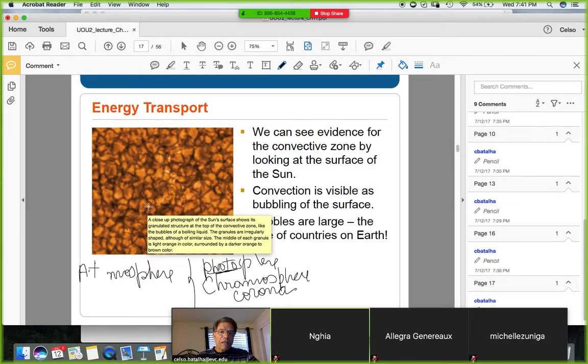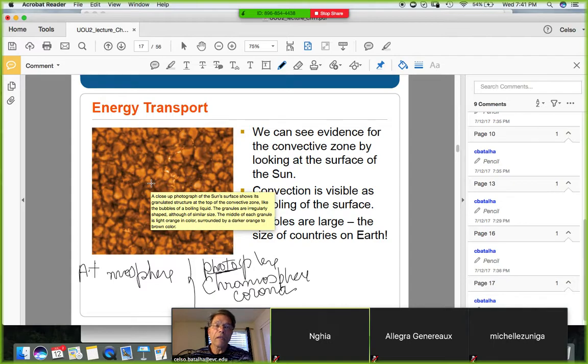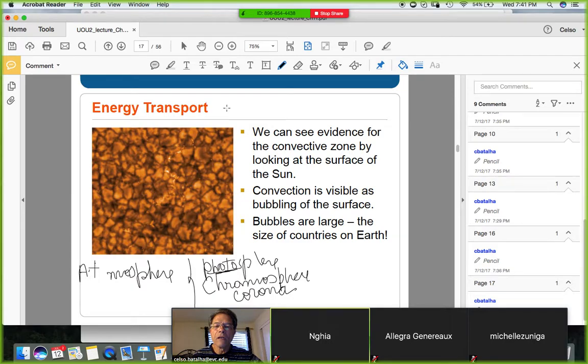As they bring material up to upper regions, when they hit regions of lower density, they tend to break themselves. So they are not kept big enough. As you move away from the solar interior, they become smaller. So they break in size, and the last generation of this bubbling process is what we see in the photosphere, and we call this phenomenon granulation.